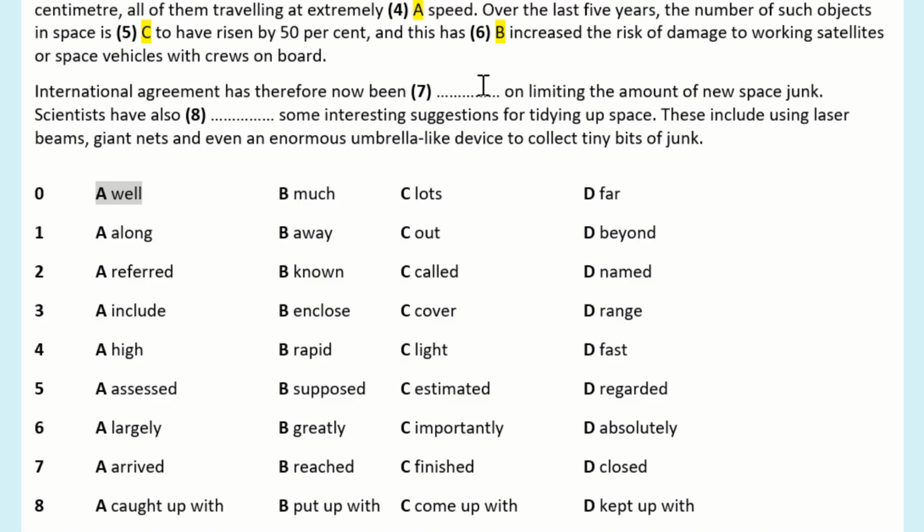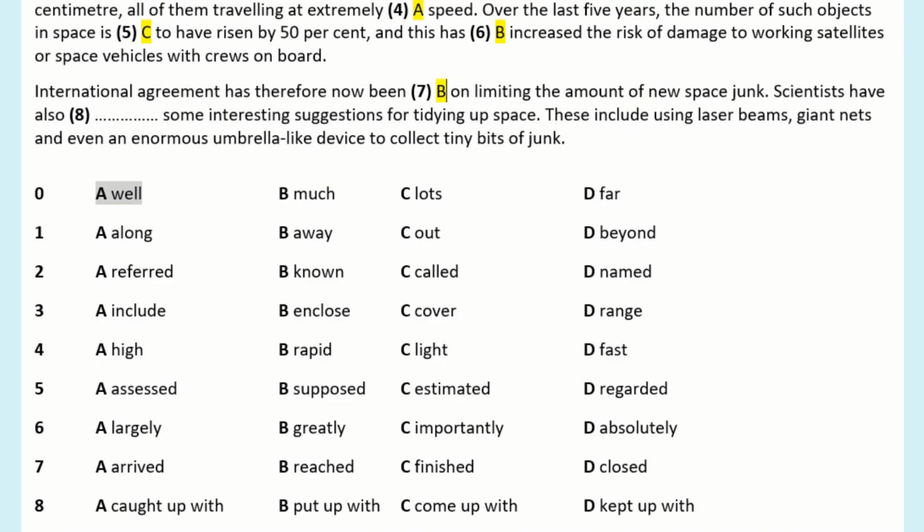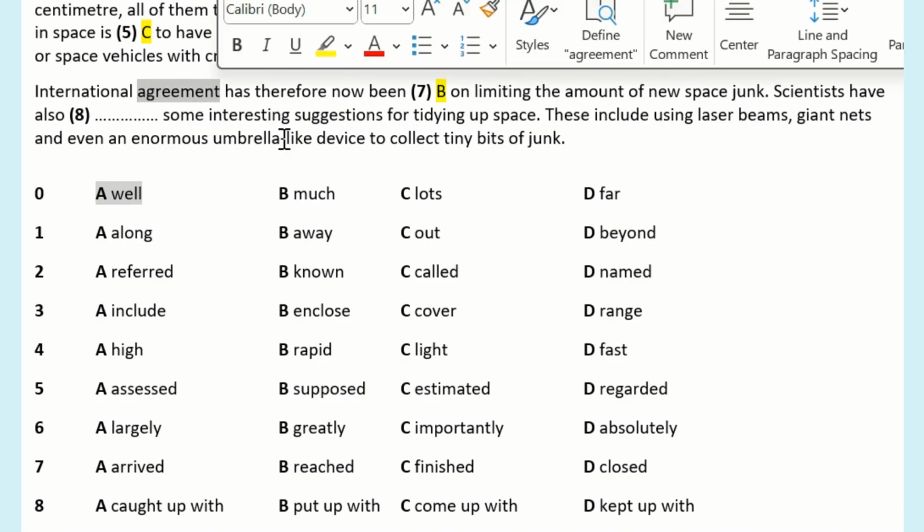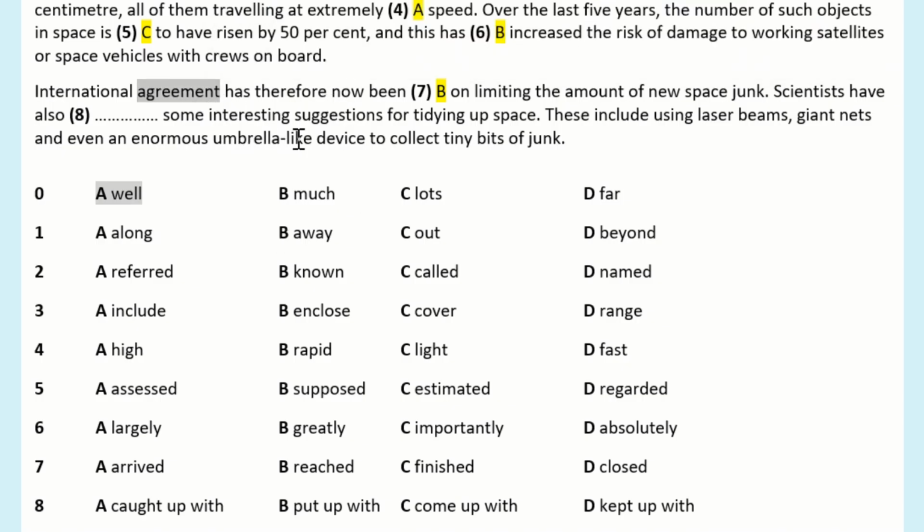And then on to the next paragraph. International agreement has therefore now been, and the answer is B, reached. And that is because we reach an agreement. So you have to refer back to that word agreement there for your clue as to which word is going to be correct.